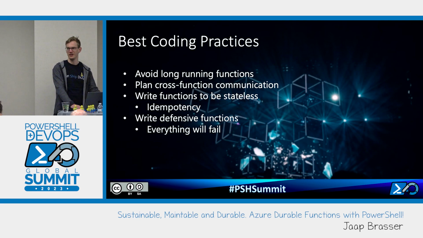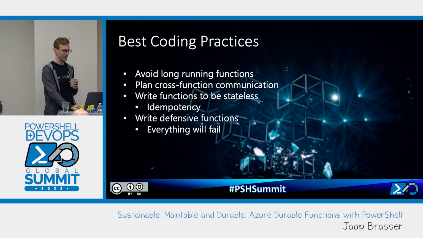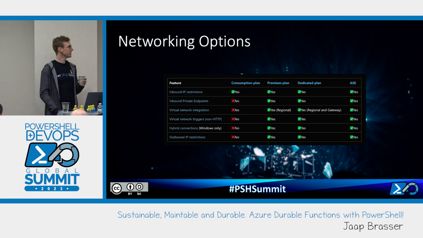And definitely in my case, because my code always fails. The next one, networking. We have some options available there. I haven't run into a lot of issues with the consumption plan in regards to the options that are available. But once you start using them at an enterprise level, it might be nice to put it behind a VPN.